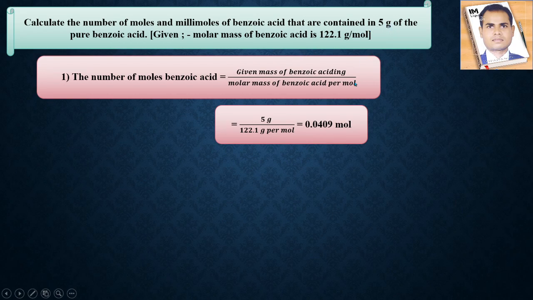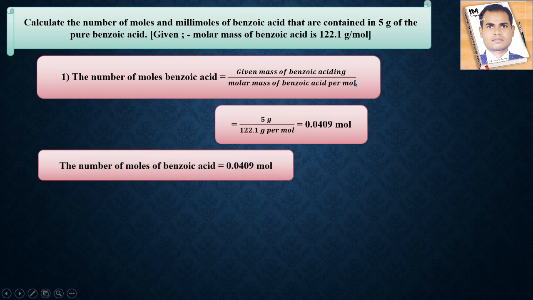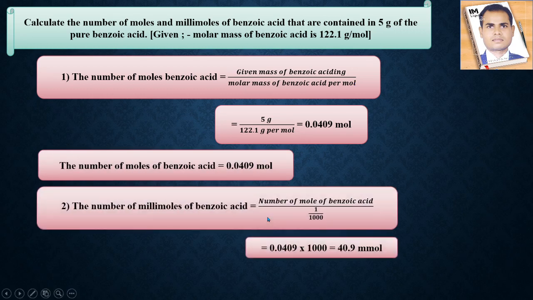So that much amount of substance of benzoic acid is present. Now next, we have the number of moles of benzoic acid, and we have to calculate the millimoles of benzoic acid. We know that formula, so we put the number of moles of benzoic acid into this formula, and multiply by 1000.